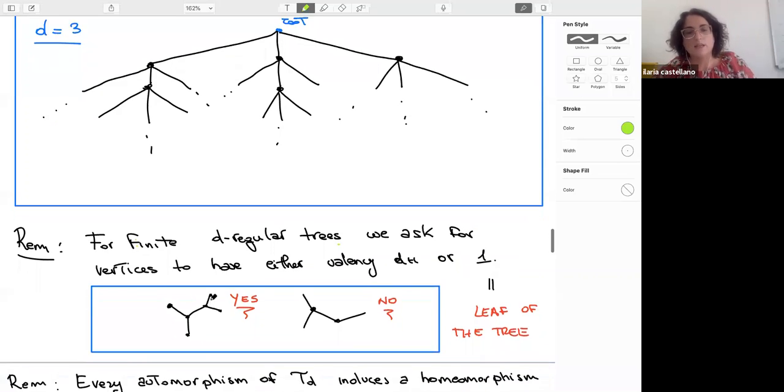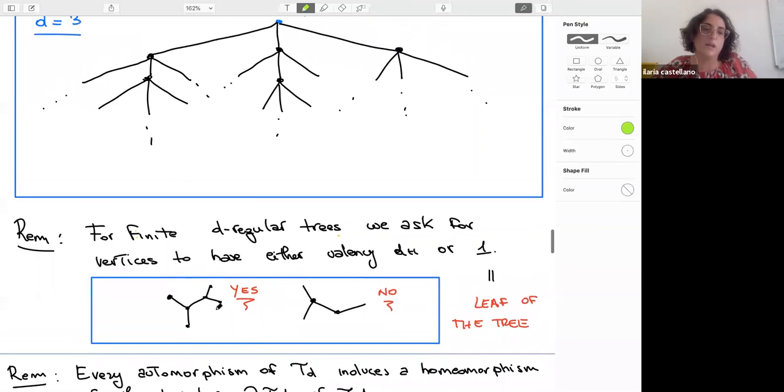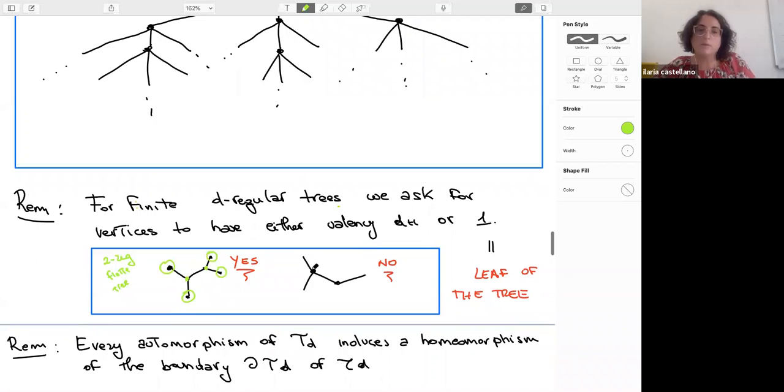As you can see here in this example, this is fine because these vertices have valency 3, so this is a 2-regular finite tree. So these two vertices have valency 3, and all the others are leaves, so they have valency 1. So this one, this one, this one, and this one. But now here there is a problem because this vertex is fine.